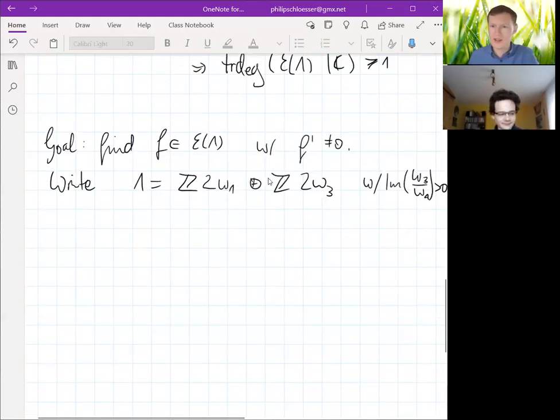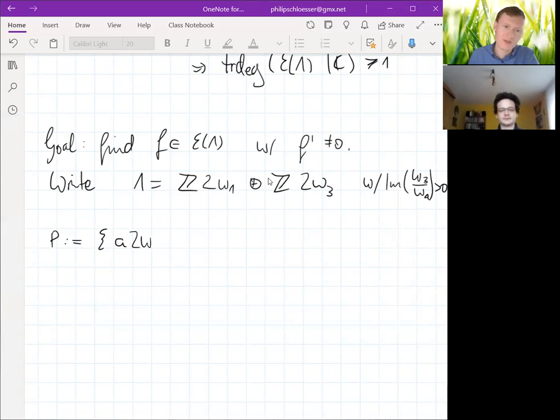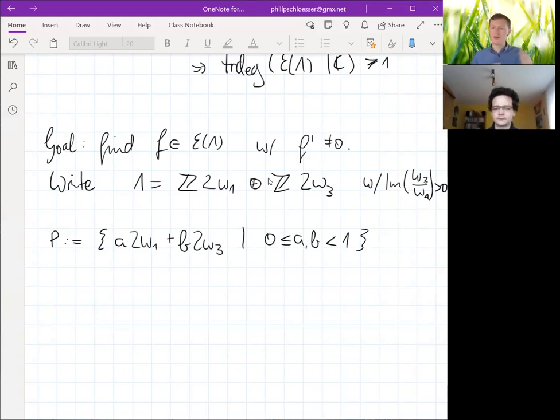And also a bit of extra notation. We define P to be the fundamental parallelogram. What does that mean? Define it as the set of A times 2 omega 1 plus B times 2 omega 3, such that A and B are bigger or equal than 0 and less than 1. Sort of the unit cell of the lattice that is spanned by 2 omega 1 and 2 omega 3.